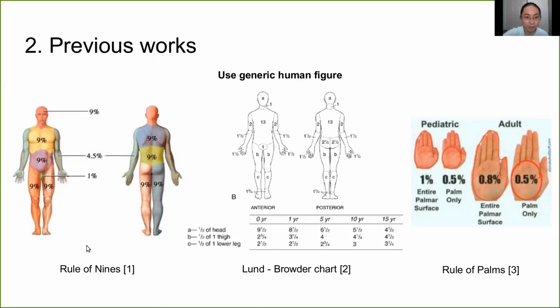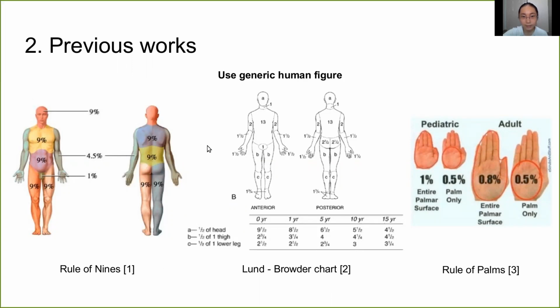So for rule of nines, it divides the body surface into smaller regions that each cover around 9% of the body surface area: the front of the head, back of the head, both arms, front legs, back legs, chest, abdomen, upper back, and lower back.